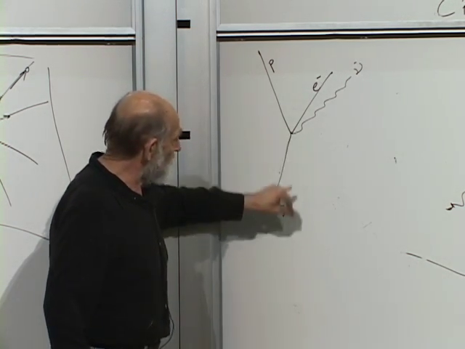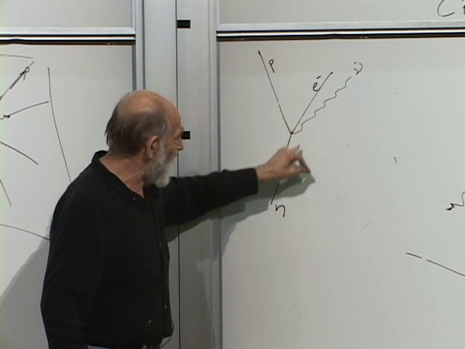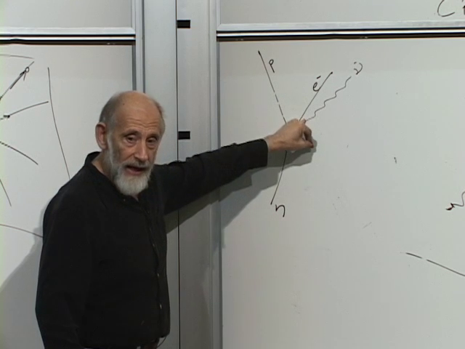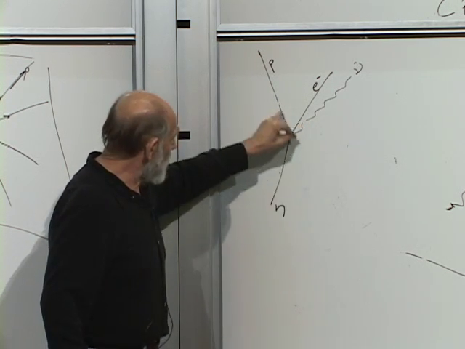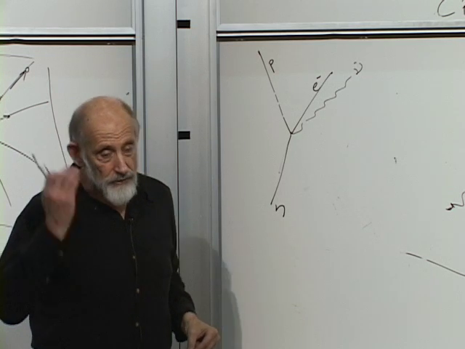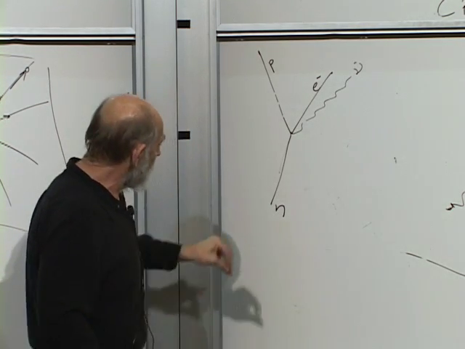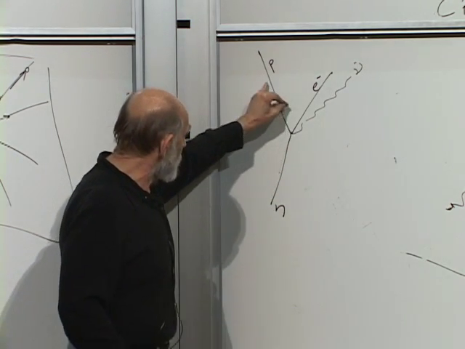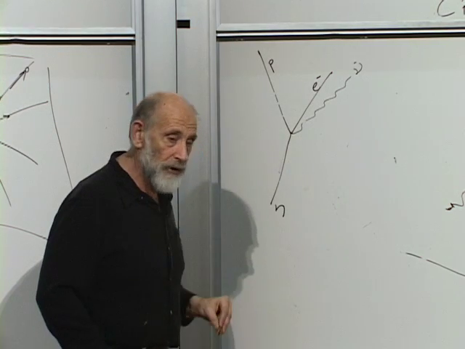So that means if these particles were a little bit heavier, there wouldn't be enough energy for the neutron to decay. If the proton was just a little tiny bit heavier, the neutron could not decay at all, because there wouldn't be enough energy for it to make a proton, an electron, and a neutrino.